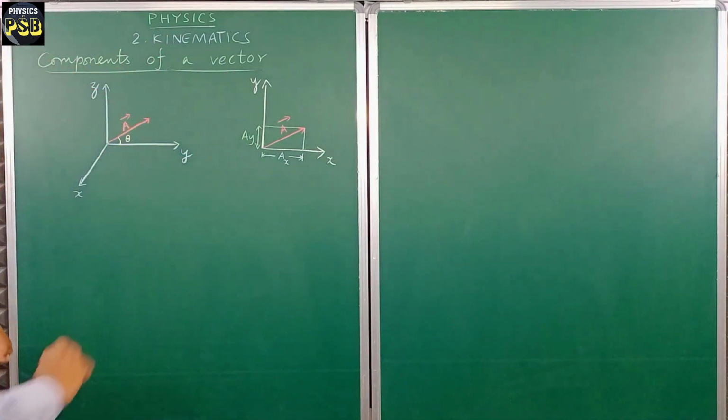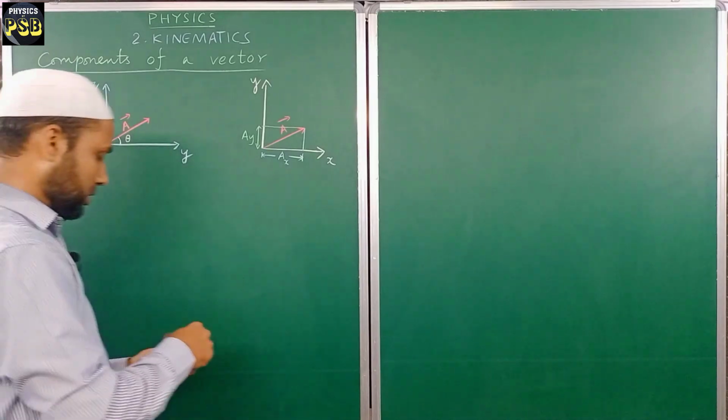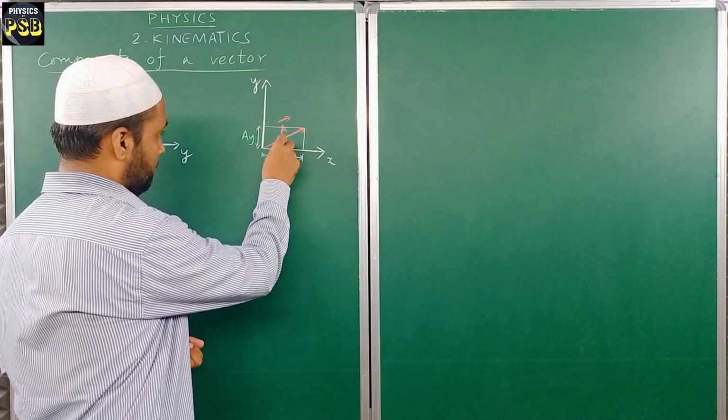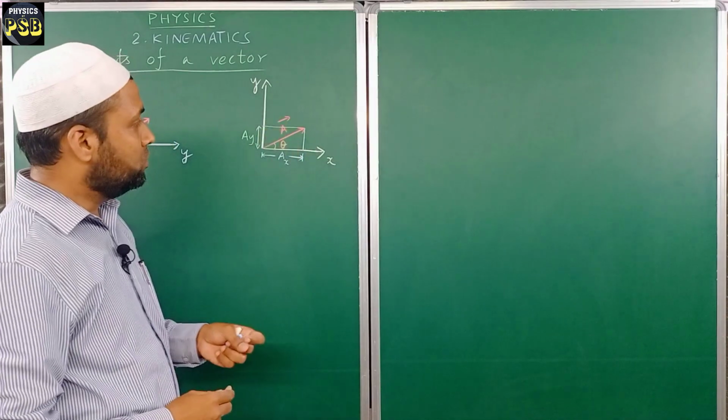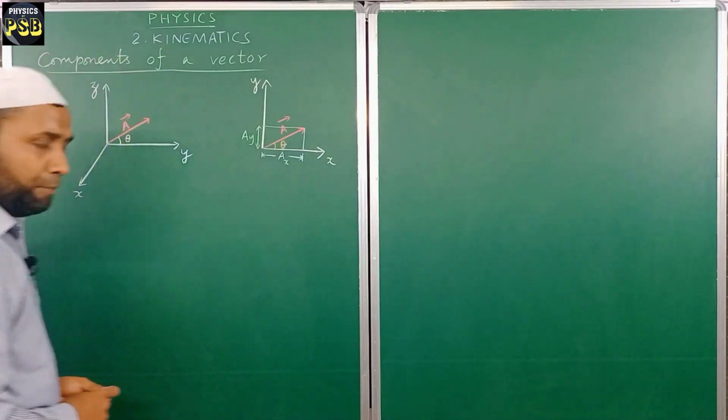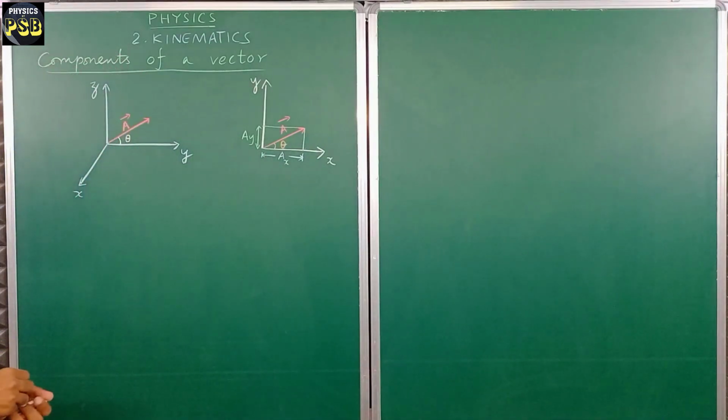Understand? And next, the direction of A vector is given by theta, which is the angle between x-axis and A vector.